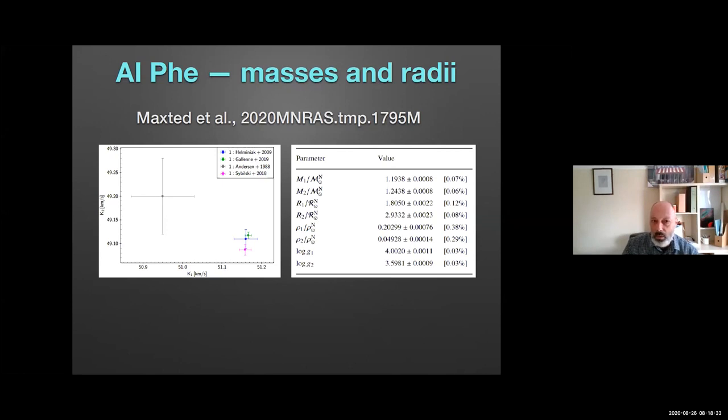The old measurement there is made with a sort of hardware cross-correlation thing from more than 30 years ago now. But with modern instrumentation, it's possible, if you've got enough time and you just throw the telescope time at it, to get your masses down to 0.1%. So your radii can, in principle, with good light curves, again be at the 0.1% level.